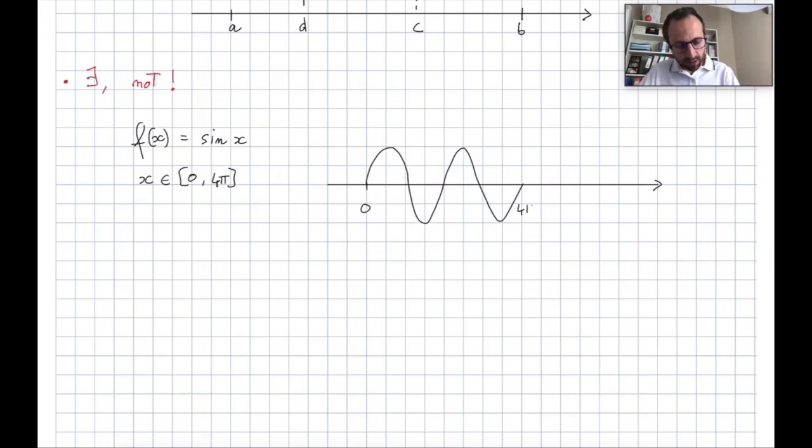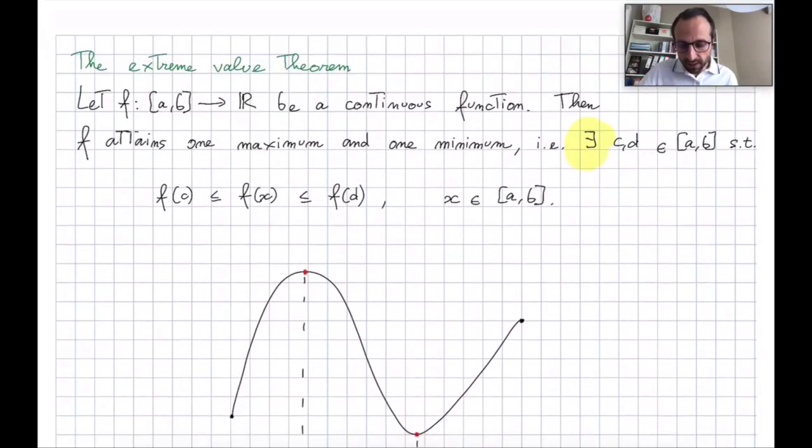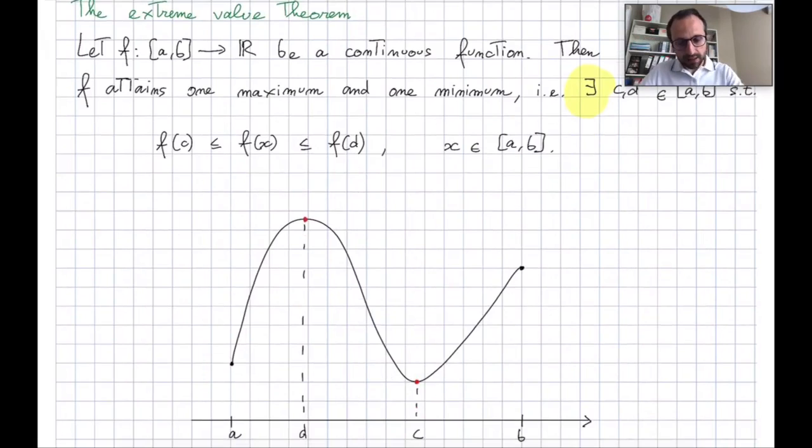This is 2 pi, this is 4 pi. So you see that this function has two maxima and two minima. So in general, we may not have uniqueness of the minima and the maxima.